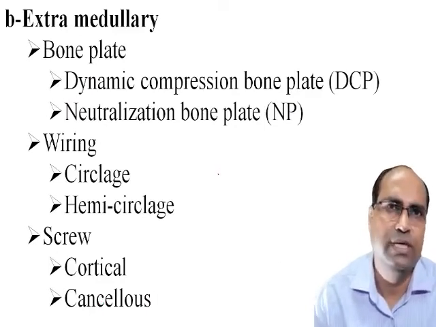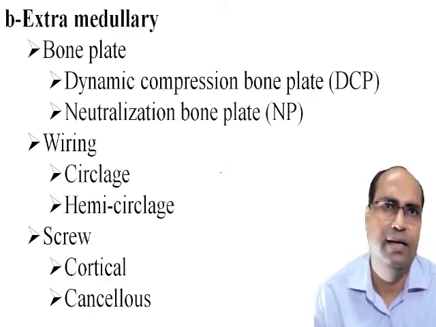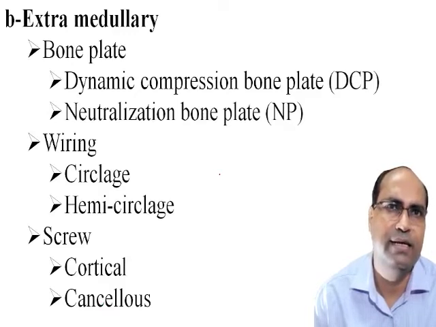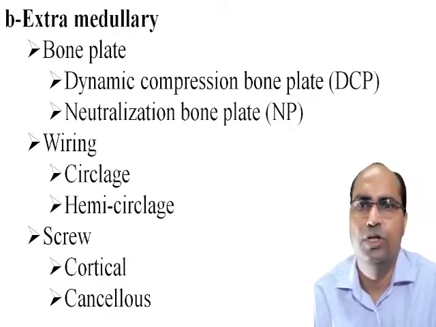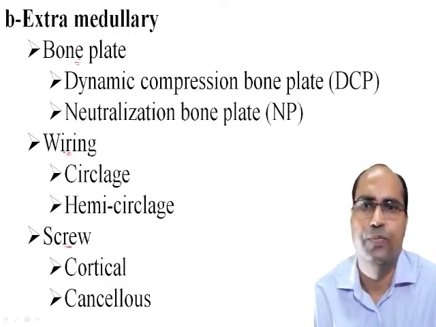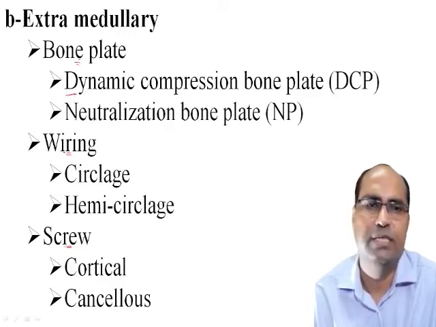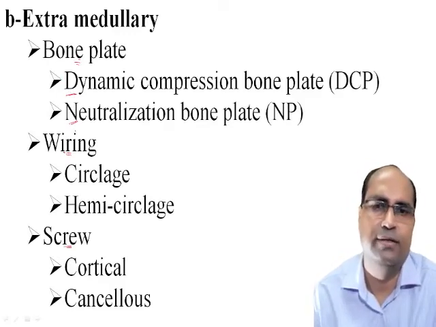Now we discuss the extramedullary internal immobilization technique. This includes the bone plate, wiring, and screw. Bone plates are mainly two types: DCP, dynamic compression bone plate, and NP, neutralization bone plate.